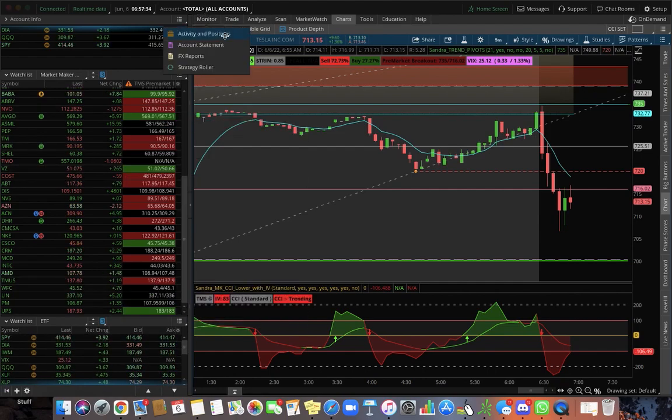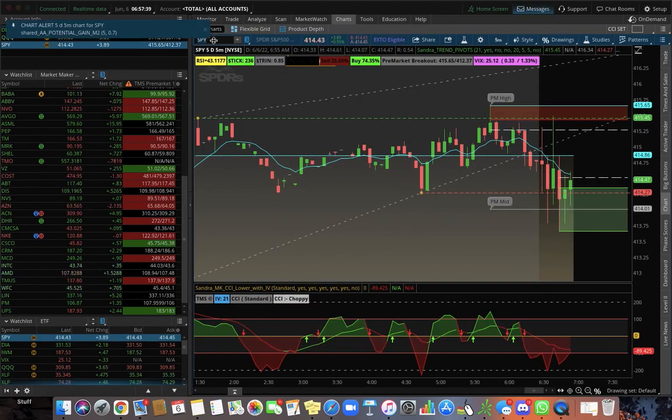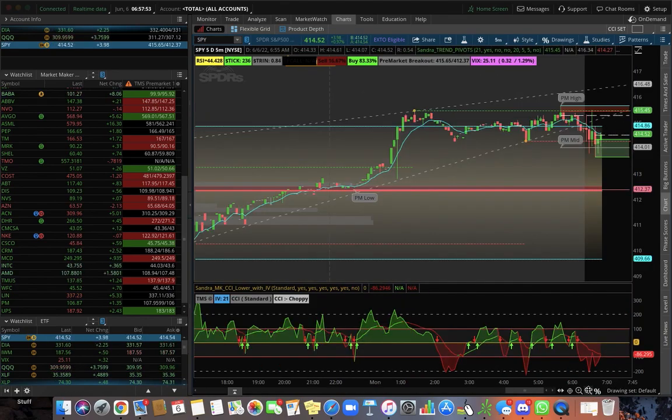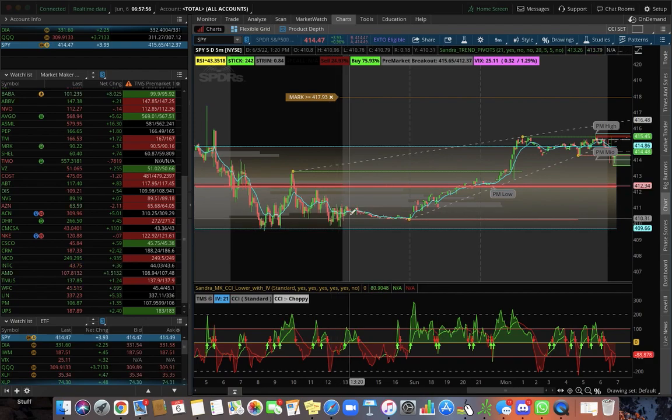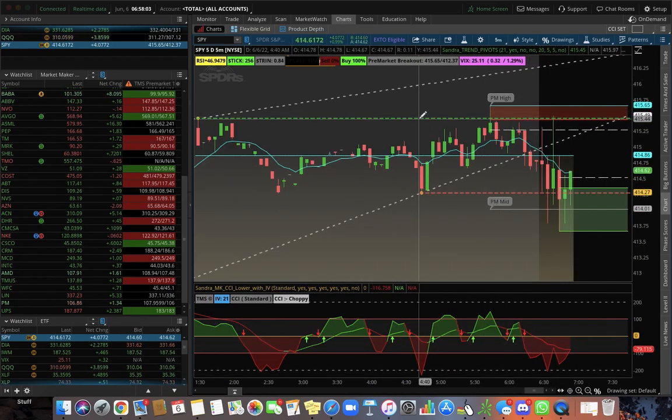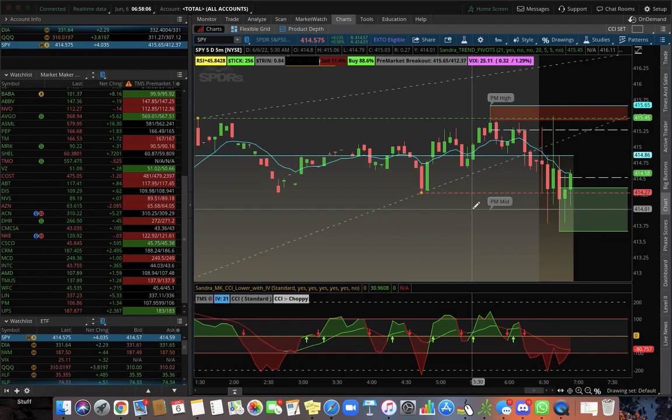Well, it is helping the SPY, but is all that activity just overnight? Yeah, nice gap up for SPY overnight, and it's staying within its range right now.